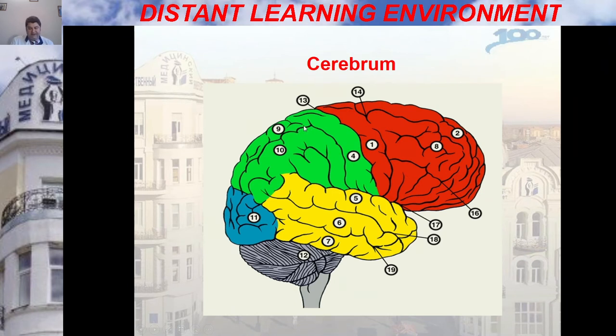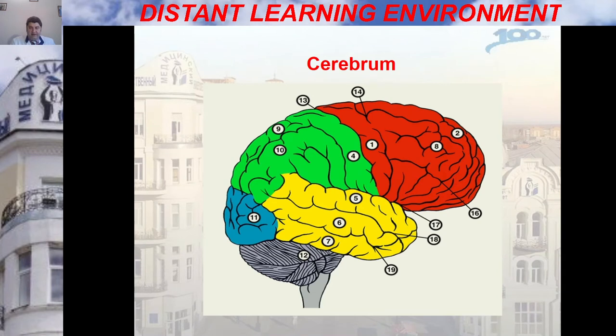Sulcus intraparietalis in Latin. You may see that this sulcus goes horizontally. According to the position of this sulcus, the parietal lobe is separated into one vertical and two horizontal gyri.